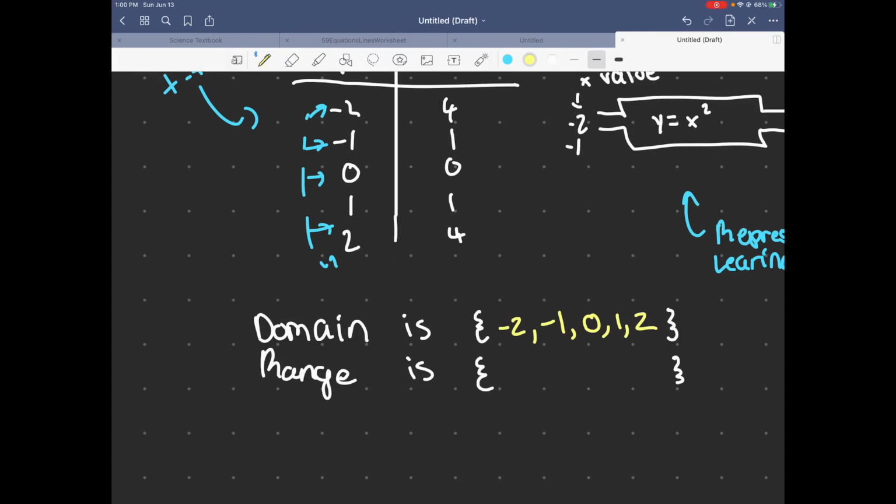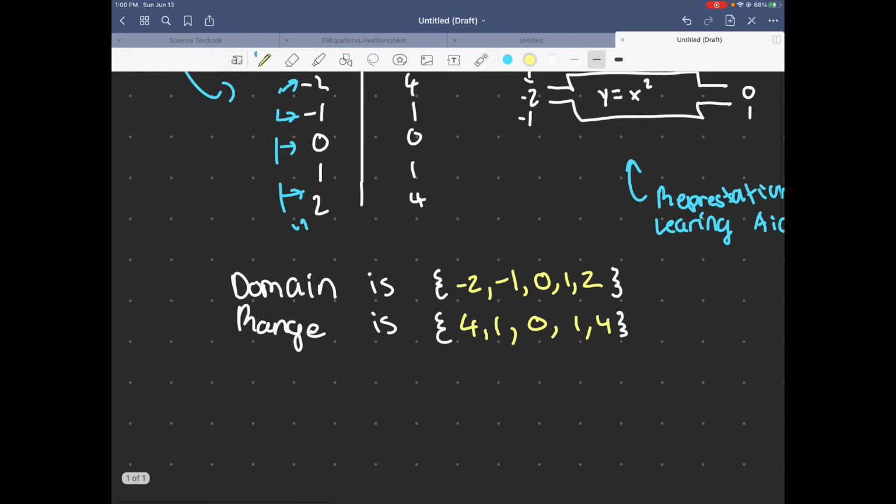For my range, I would get something like 4, 1, 0, 1, 4. But as you have noticed, I can't have the same value, so I'm going to have to cut any other.